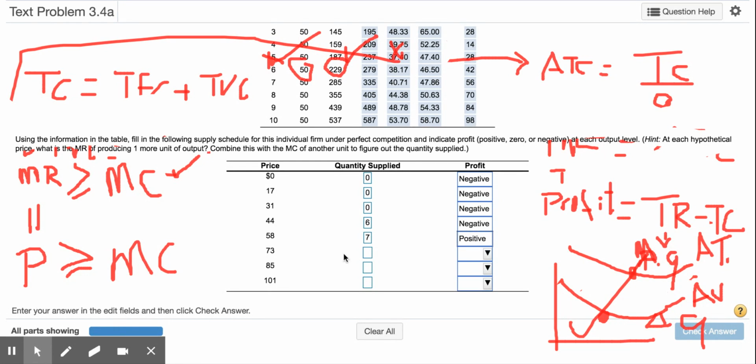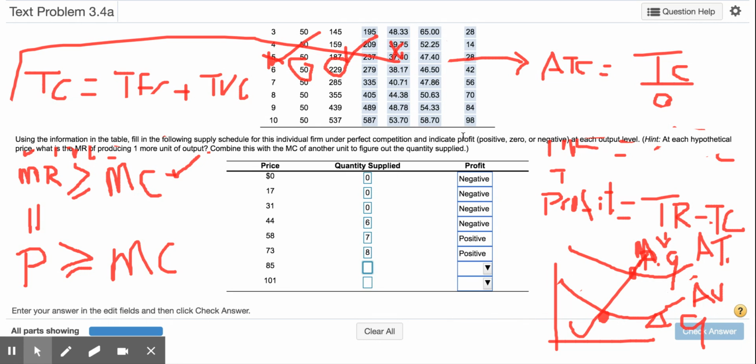So over here, if the price is 73, we produce 8 units because 73 is slightly above 70, so marginal revenue is slightly above marginal cost. And notice again that 73 is higher than both average variable cost and average total cost. So we are on this section up right here. So profit in here now is positive.